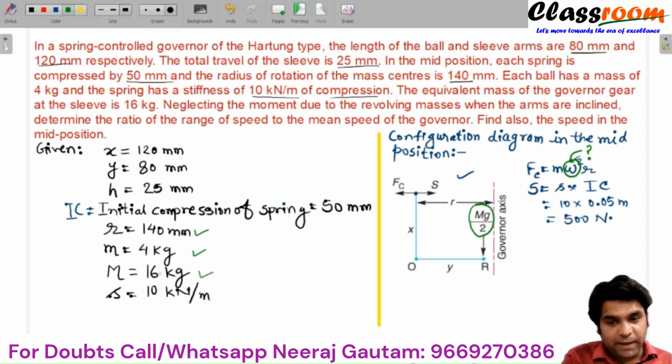So the value of m is here directly 16, and we will substitute because this 2 is already here. Now the forces on the sleeve are given by this. You can write an equilibrium equation, that is, the summation of moments of all forces about this point O equals 0, which is equal to Fc into its distance x.